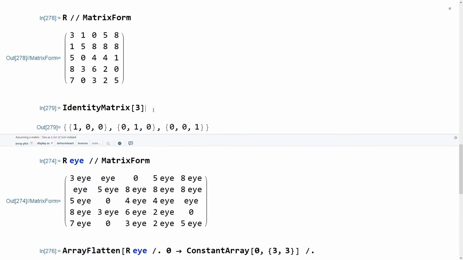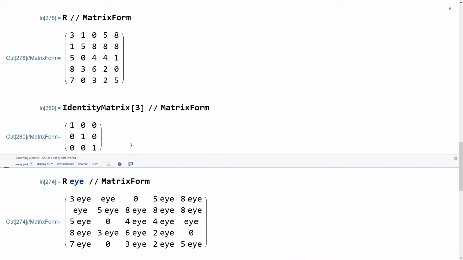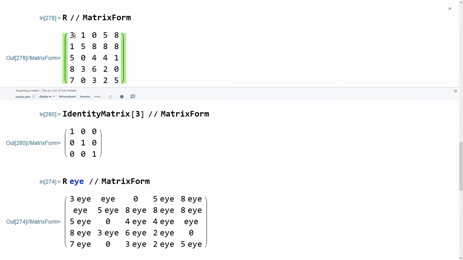Really what we've done here is a mathematical operation called tensoring, where we've tensored this identity matrix into this matrix, which means that in each slot we have 3 times the identity, 1 times the identity, 0 times the identity, and so on.